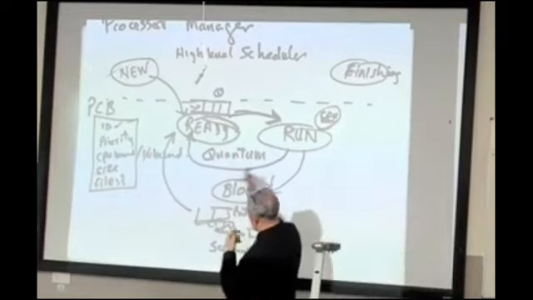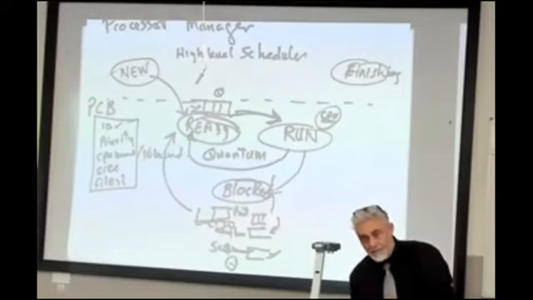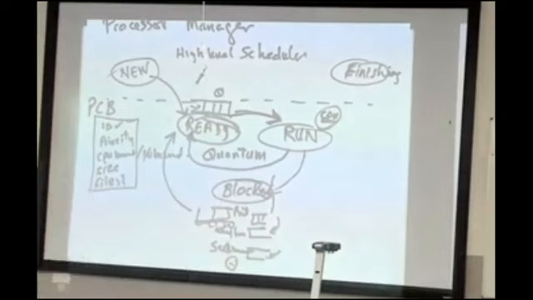So now, do you know what a quantum is? Yeah, what's a quantum? It's the time a process is allowed. It's a good answer, but it's not the right answer. What's a quantum? The maximum amount of time. Maximum time. The key word is the maximum time.